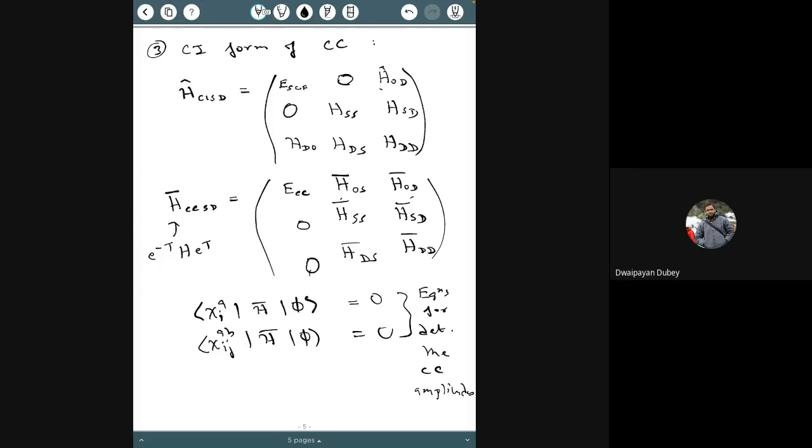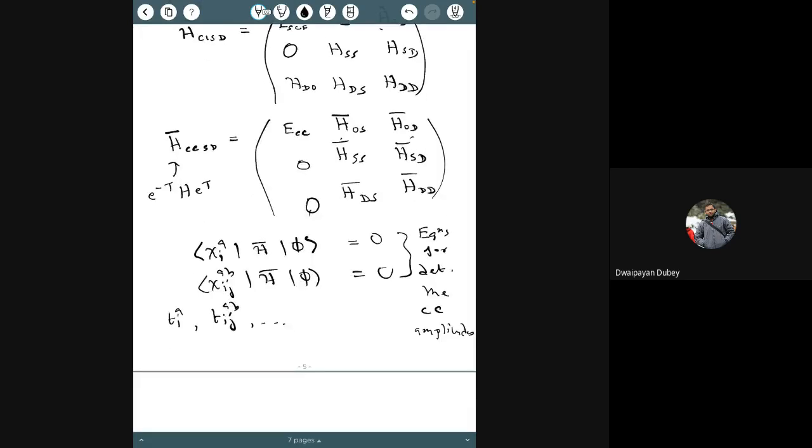But once I have obtained the cluster amplitudes t_i^a, t_ij^ab, etc., I can construct now phi H bar chi_i^a, etc. And this is what goes into my coupled cluster matrix.